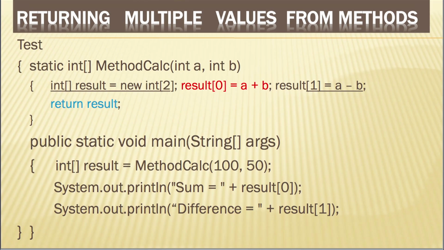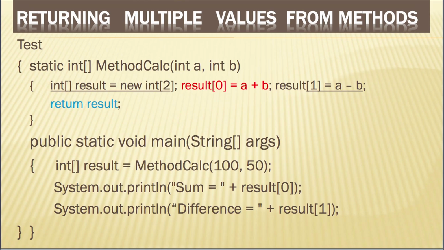So int square brackets result means result is an array, and new int 2 means the size of the array is 2. Now we have 2 locations, 2 spaces for this result array.